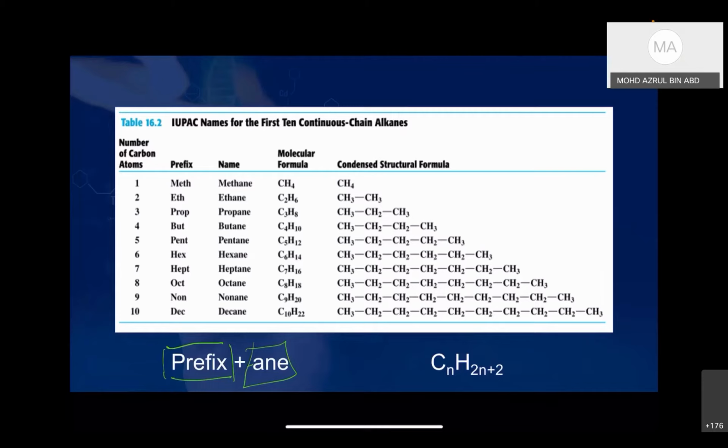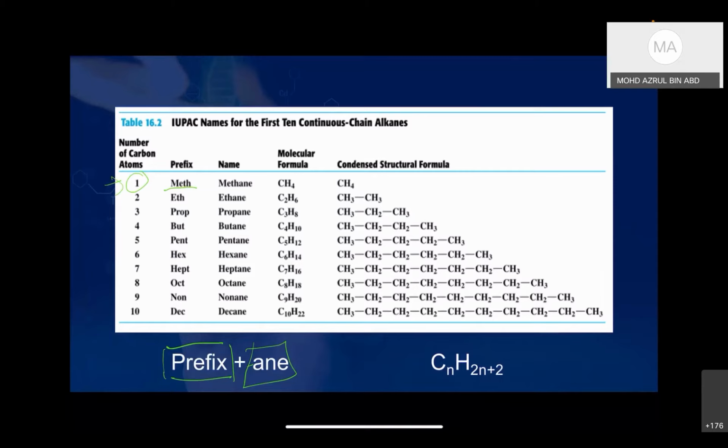For example, for the compound which has only one carbon, the prefix name is meth, and since this is an alkane, you just add a and e at the end of the name.